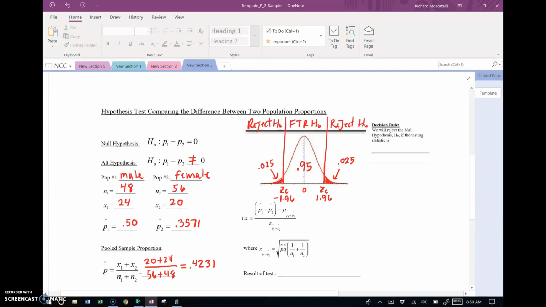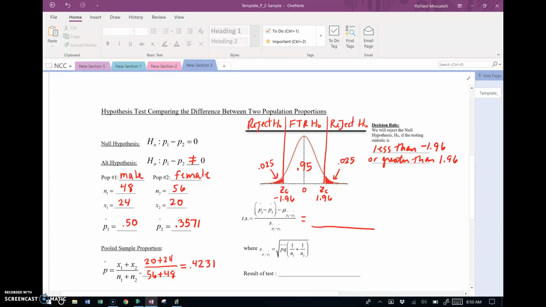The decision rule: we'll reject the null hypothesis if the testing statistic, whatever this works out to be, and JMP will work that out for us, so we're not going to have to calculate it, is either less than negative 1.96 or greater than positive 1.96.